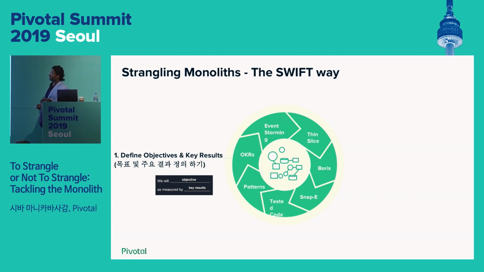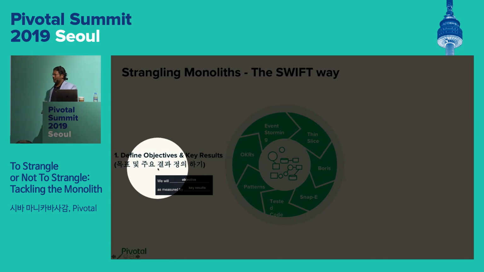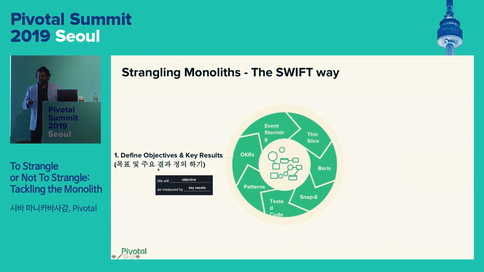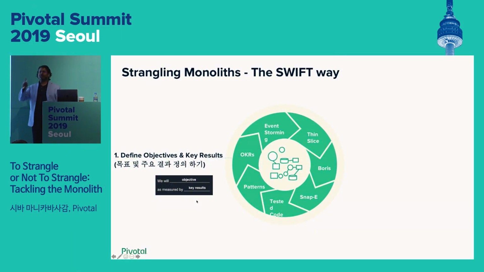The first thing is obviously to define objectives and key results, right? Now, this is not something that we invented. Both qualitative and quantitative metrics are important. This was Andy Grove of Intel 30 years ago, but the principles are still valid, so we love to use this. We're very careful especially about the quantitative results, especially if it's techno-commercial.